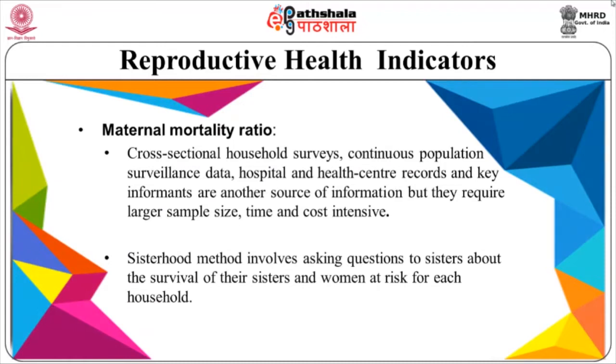The cross-sectional household surveys, continuous population surveillance data, hospitals and health center records and key informants are another source of information, but they require larger sample size, time and they are cost intensive too. Sisterhood method involves asking the questions to the sisters about the survival of their sister and women at risk for each household.